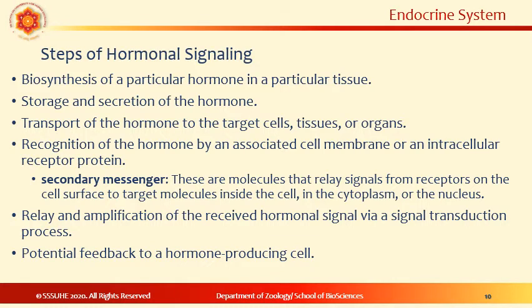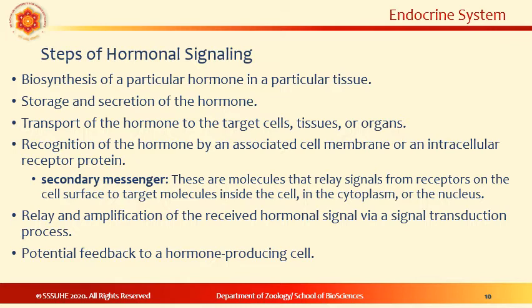The various steps in hormonal signaling are synthesis of a hormone at its particular tissue or in the endocrine organ. Then it is stored there, and at the correct time it is secreted into the circulation. Further, it is transported to the target tissues. At the target tissue, the hormone binds to its receptor. Depending on whether it is a water-soluble or a lipid-soluble hormone, the function of the receptor and the mode of action differ.